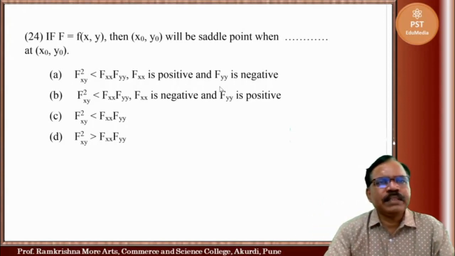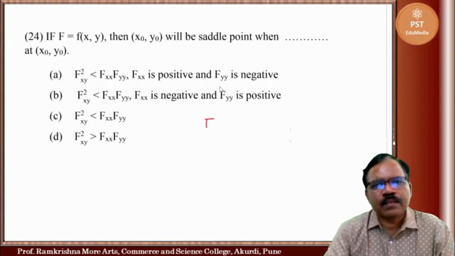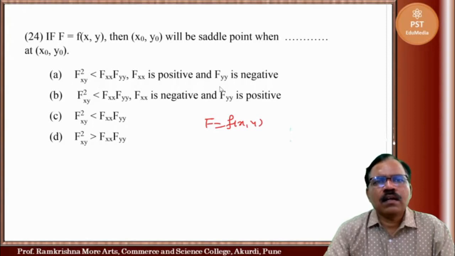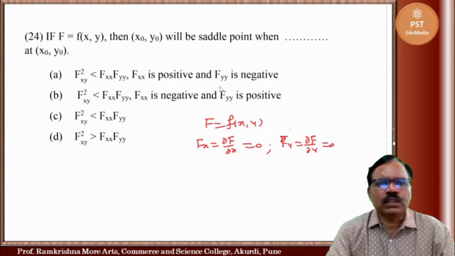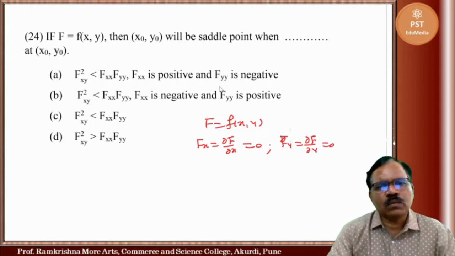So if f is function of x, y, and if fx, that is ∂f/∂x = 0, and fy, that is ∂f/∂y = 0 at (x0, y0), then (x0, y0) is stationary point.